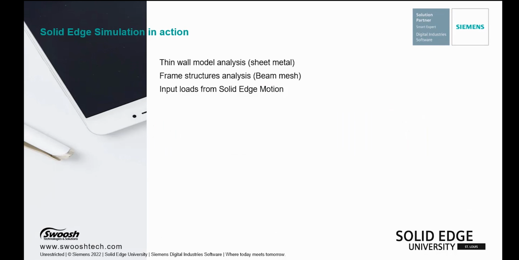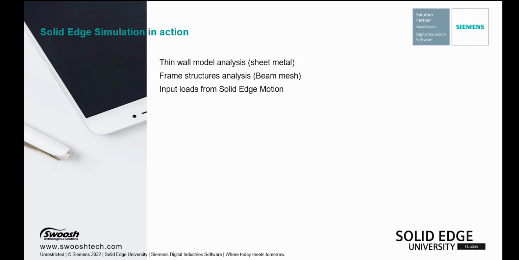Finally, we can take a look at the product, and we're going to focus on three different cases. First of all, we're going to see how successful Solid Edge Simulation is in analyzing thin wall model types, which is a very important topic. A lot of companies produce sheet metal structures and designs, and they need to catch mistakes related to structural integrity early in the design cycle.